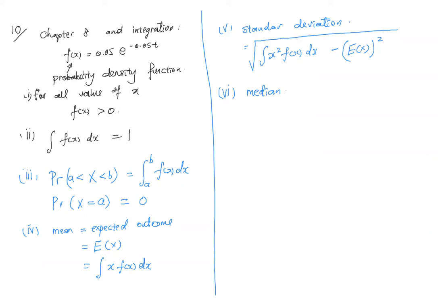Whenever we want to find the median, we must always remember to start from the lowest value of x. Median means 50%, half. So the probability, maybe you start from 0 to the median m, of the probability density function dx, must be 0.5.